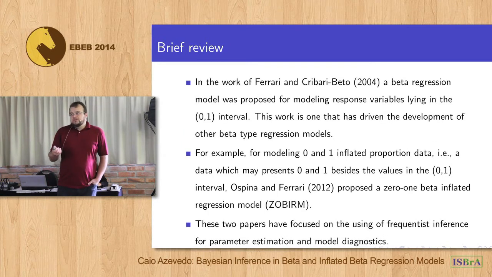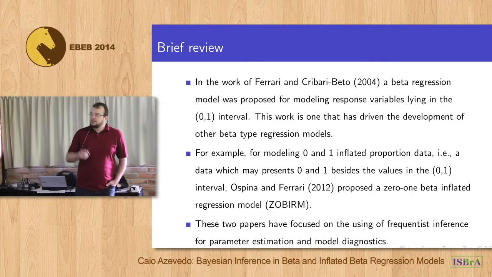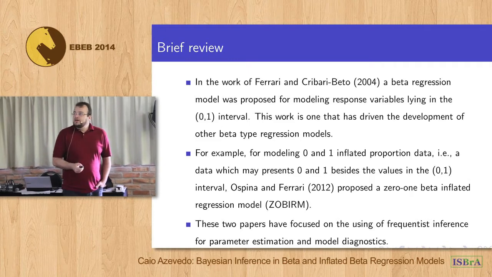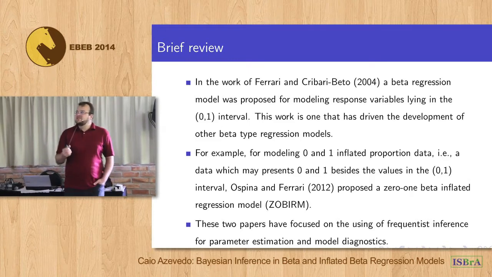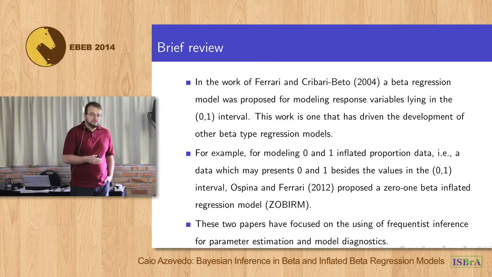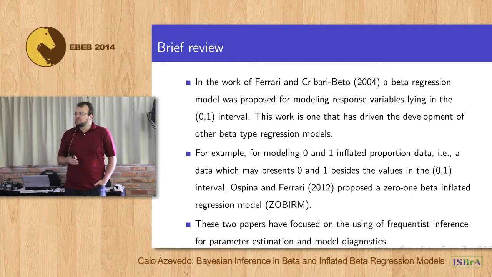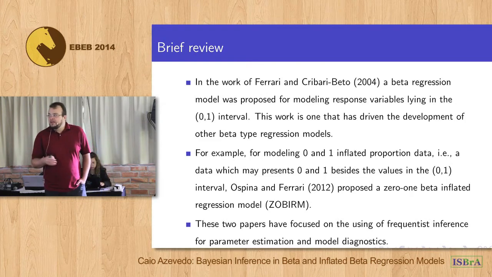Well, one of the first works, though not the first one, is that developed by Ferrari and Cribari-Neto in 2004. They developed a beta regression model proposing a reparametrization of the usual beta distribution, and in this work they modeled the mean of the beta distribution by a regression structure using a logit link function.